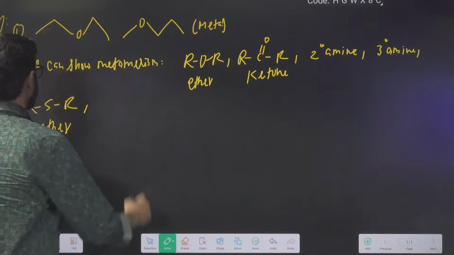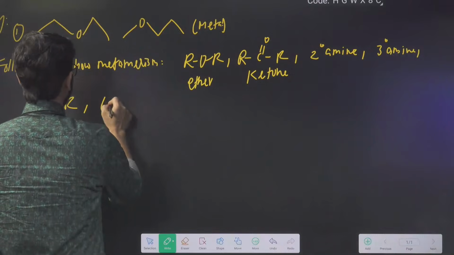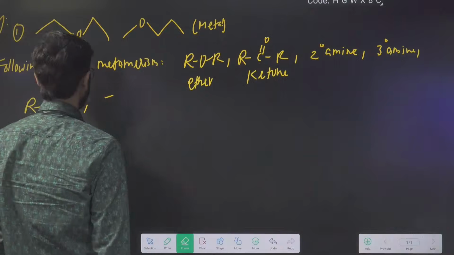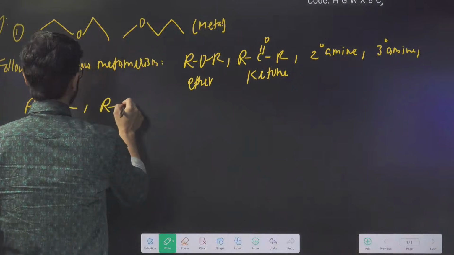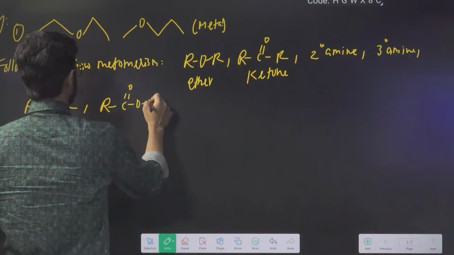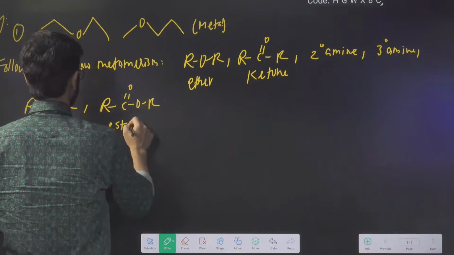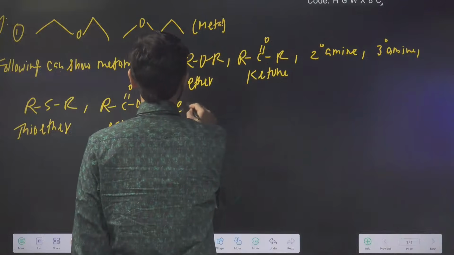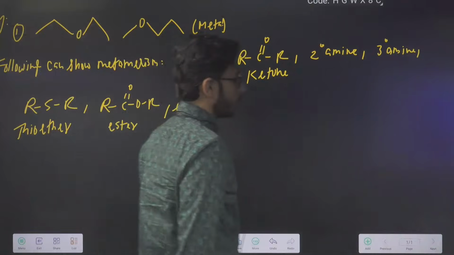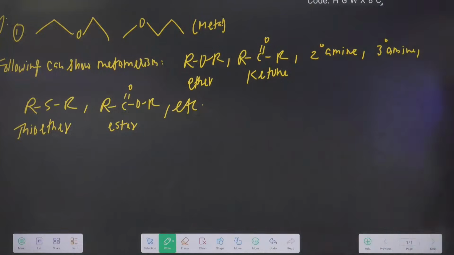Anhydride can also participate. I forgot ester, important. Ester. Anhydride, etc. are possible. These are the polyvalent functional groups.